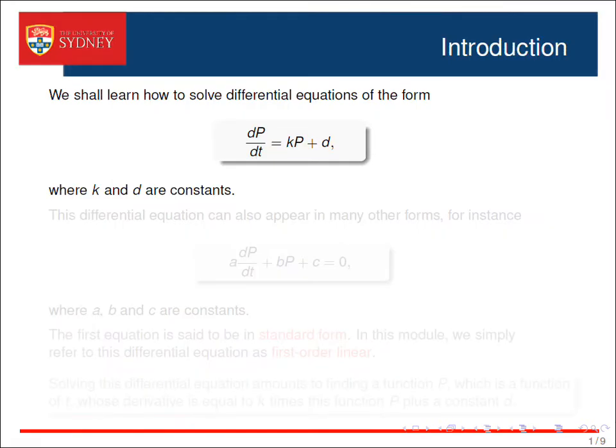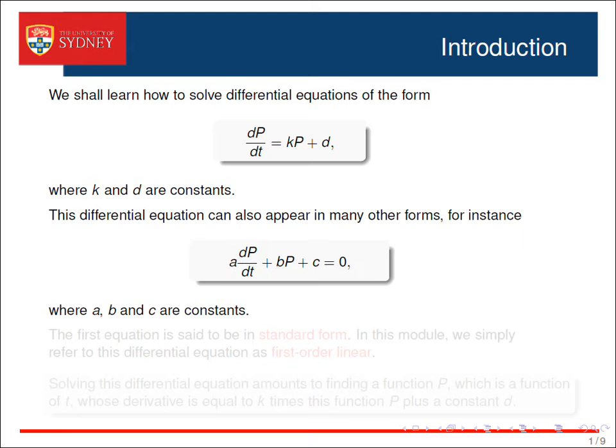Slide 1, Introduction. Here we consider differential equations of the form dp/dt equals a constant k times p plus another constant d. It's important to note that this and other differential equations can appear in many different forms.